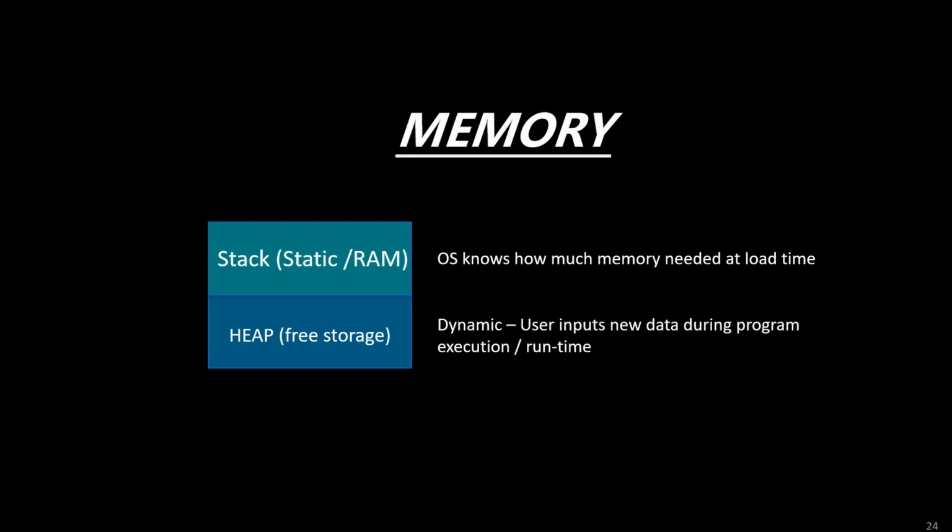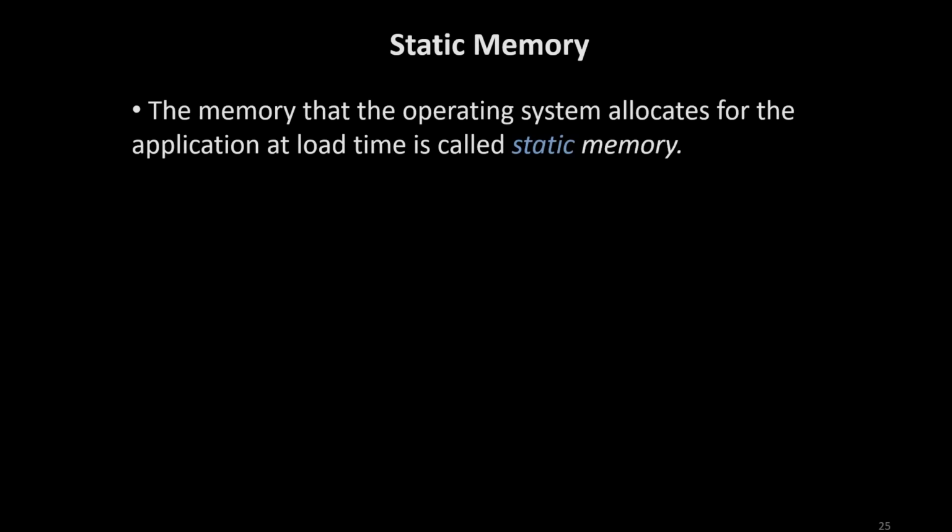What I'd like to do is talk about two different types of memory within your computer. There's stack or static memory, which is a product of your RAM, and heap space. This is where we have dynamic memory. The user inputs new data during program execution in runtime. Let's talk about static memory, which is the memory that the operating system allocates for the application at load time, which is called static memory.